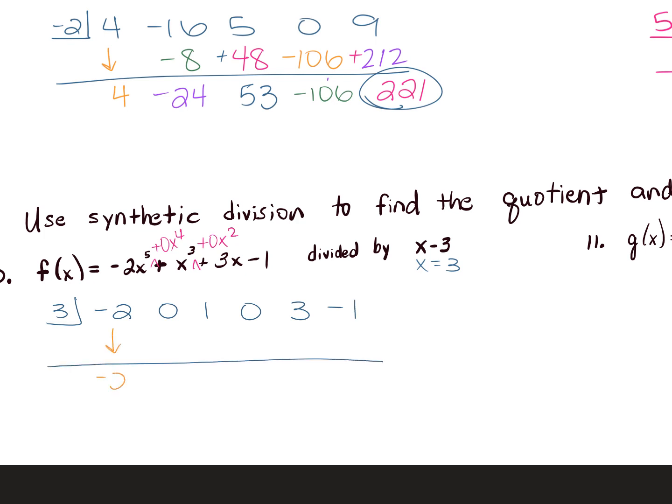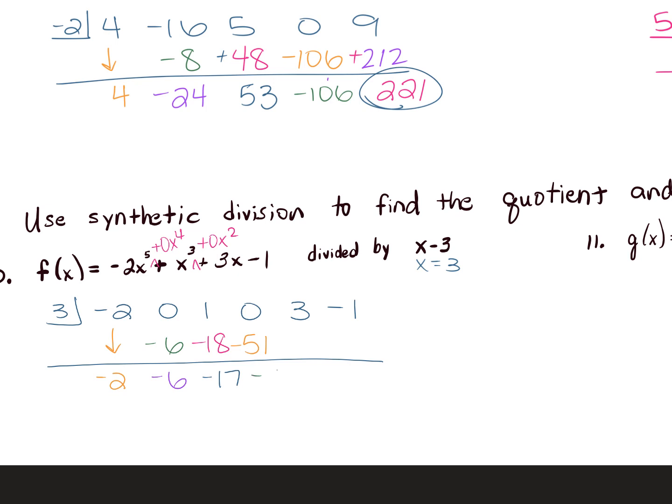Negative 2 comes down. Negative 2 times 3 is negative 6. Plus 0 is negative 6. Times 3 is negative 18. Plus 1 is negative 17. Times 3 is going to give us negative 51.